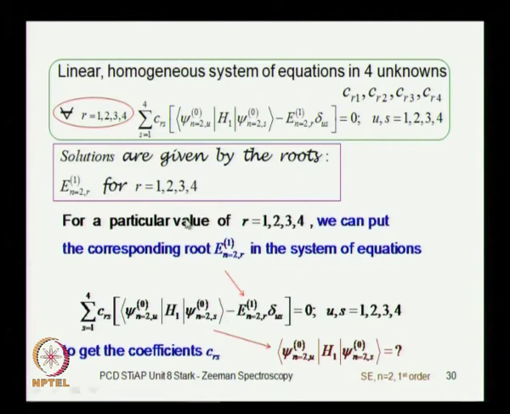So, these are the 4 states that we are talking about, and for a particular value of r, after getting the roots, you can insert the solution in this equation, and then from this you can find what these coefficients are, but of course you have to find these matrix elements first.